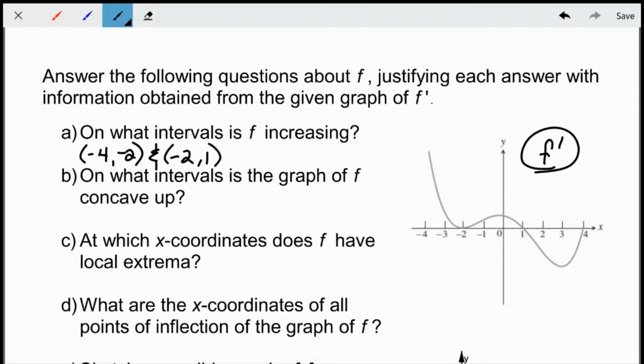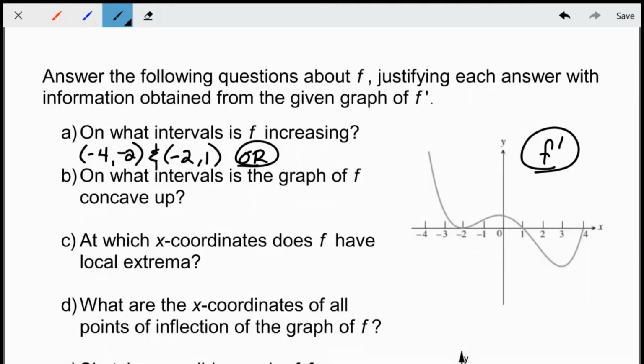But we could also write it, and I want to show you this because it depends on what material you're using, what book, what math software, what professor's information you're looking at. Sometimes you'll see those broken apart because technically the derivative is 0 at -2, so the function wouldn't be increasing there.